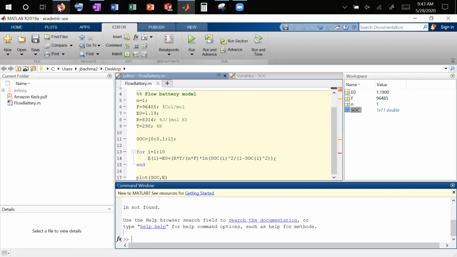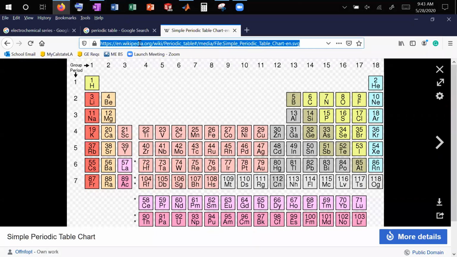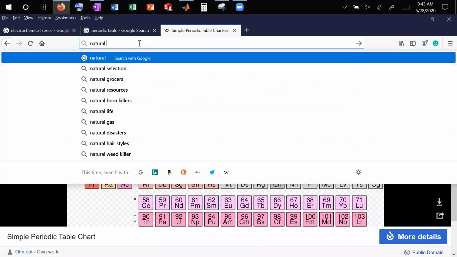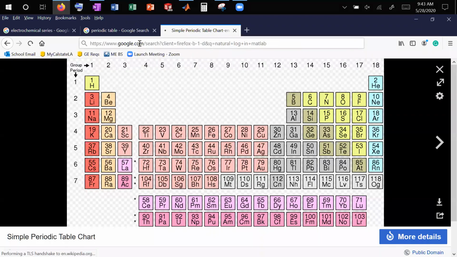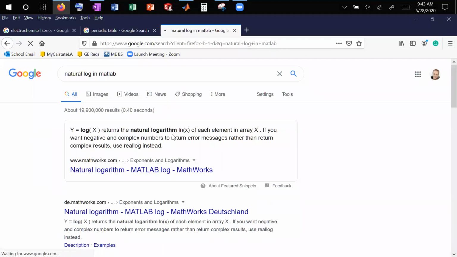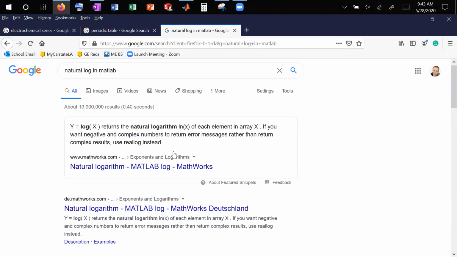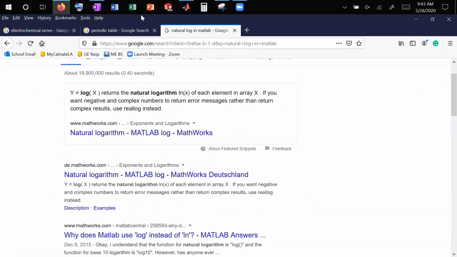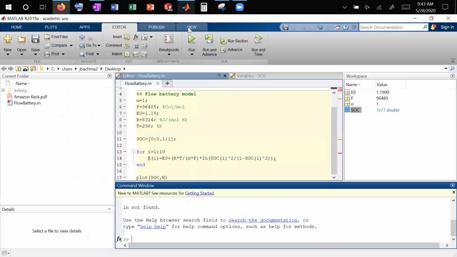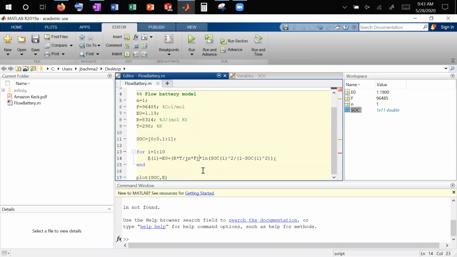So if I go to my trusty Google, to find out what natural log is in MATLAB, well, it should be ln x. Okay, that's not our issue. E naught, R times T. We're missing one here. There we go.